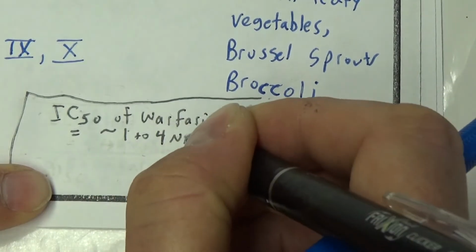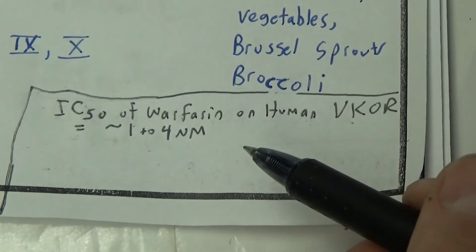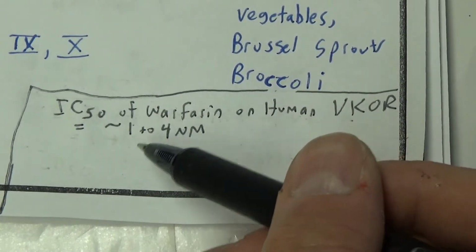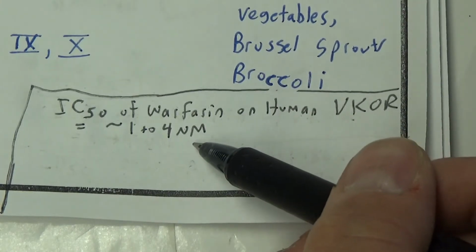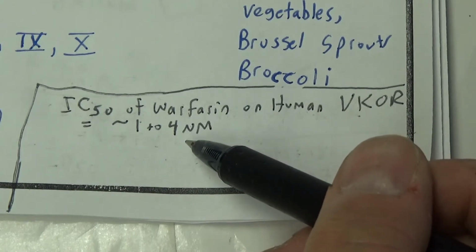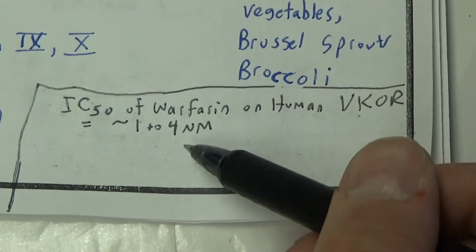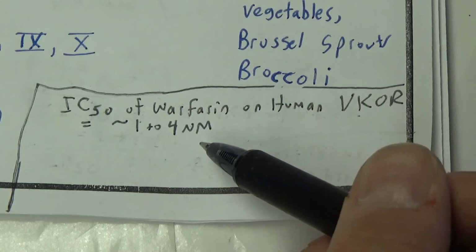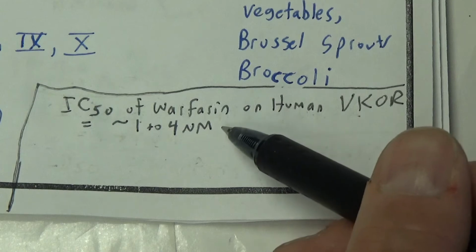It varies a little bit based on measurement, but roughly 1 to 4. The meaning of that, of course, is that if we can sustain a concentration of around 1 to 4, so maybe 2 micromolar, in a human, within their blood and the volume of blood in the human, if we can maintain that concentration, then we get this blood thinning activity.